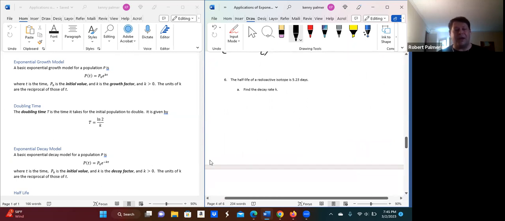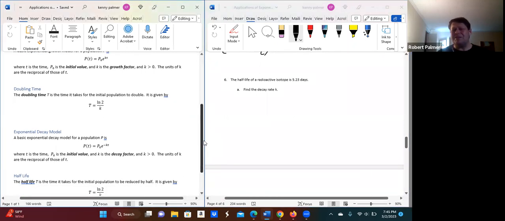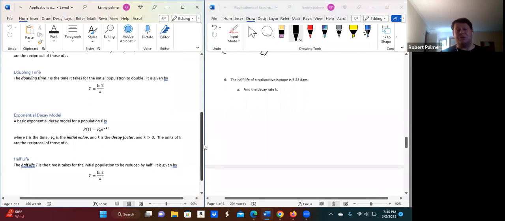Now let's take a look at exponential decay, which works basically the same, except we have a negative in front of our K. This one says the half-life of a radioactive isotope is 5.23 days. Isotopes in nuclear science are often discussed by their half-life, because that's an indication of how radioactive they are.